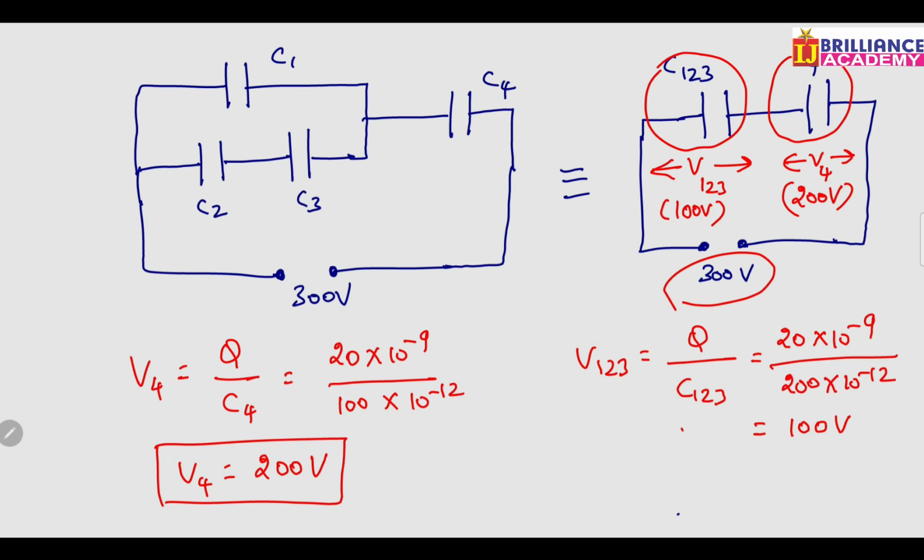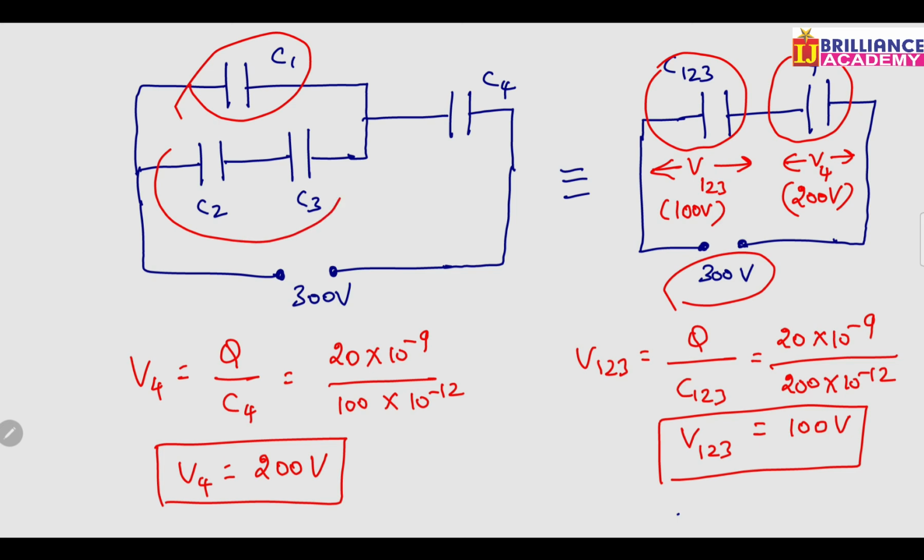So 100 volt will be across the capacitor C123, meaning we know in a parallel combination potential remains the same. So C1 also will get the same potential. C2 and C3 together will get the same potential, but C2 and C3 individually will have a voltage split.